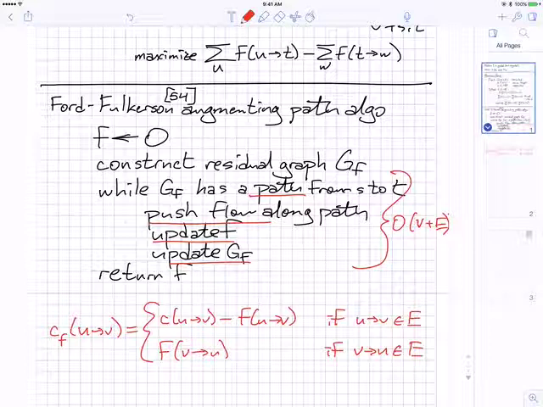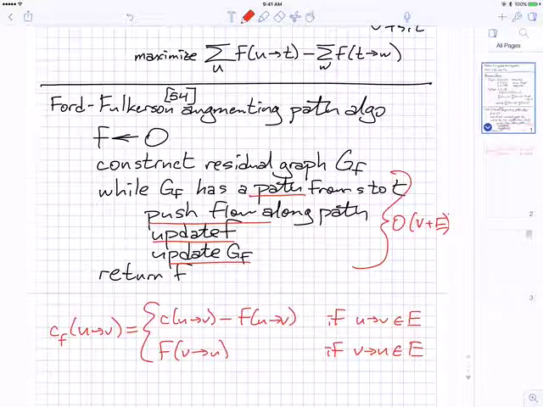That gives me the amount to flow along. Again, this is easy to compute in linear time. Updating the flow is just updating records attached to the edges. Updating the residual graph is, again, at most, recomputing everything from scratch. But in fact, you can just update the records associated with the edges. And I do this over and over again until I can't anymore.